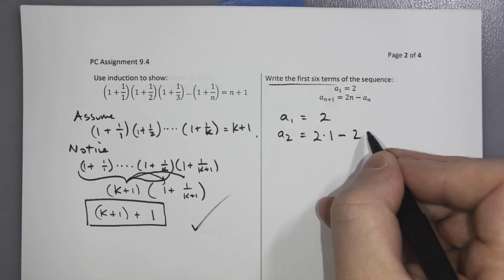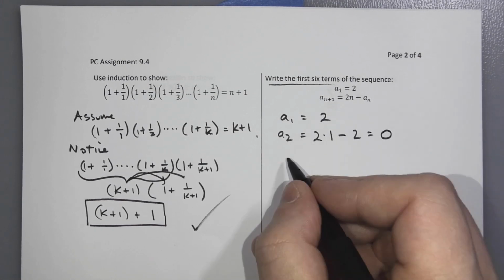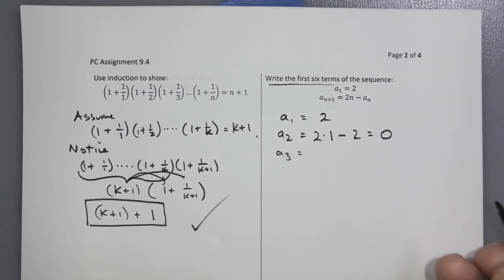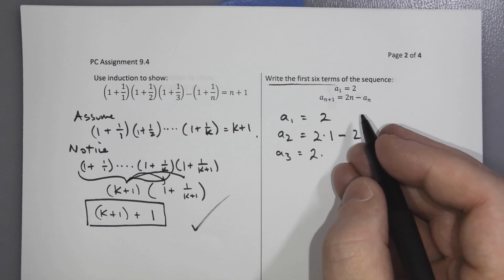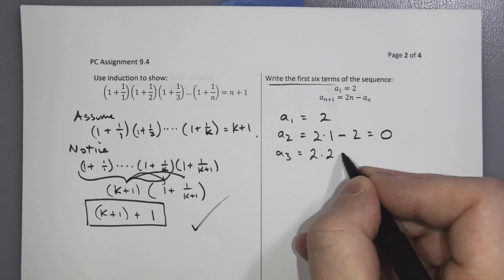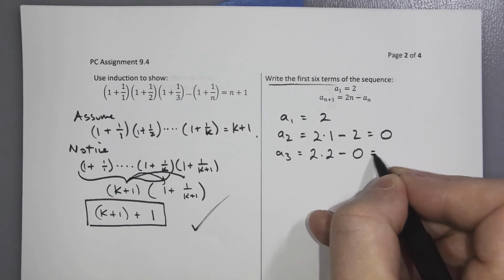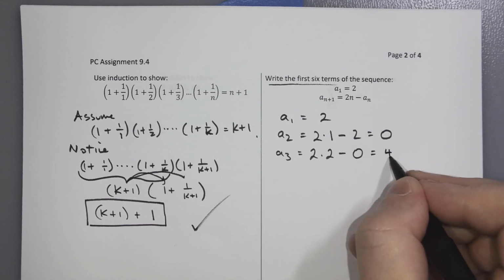So that would be 2 minus 2, which is 0. a sub 3 would mean to take 2 times 2 minus the previous term, which is 0. 4 minus 0 is 4.